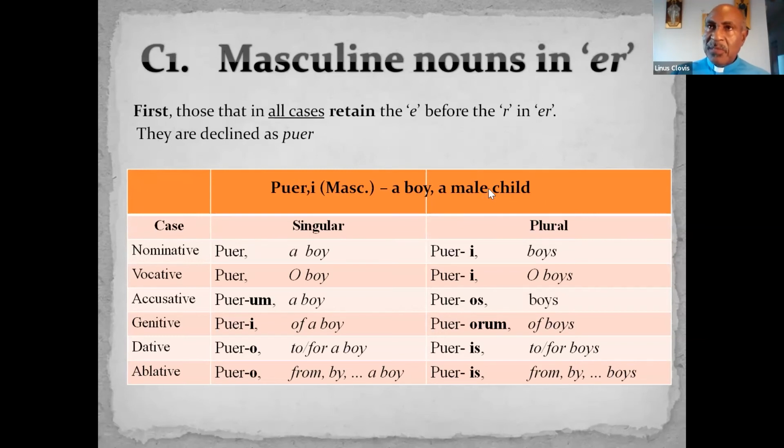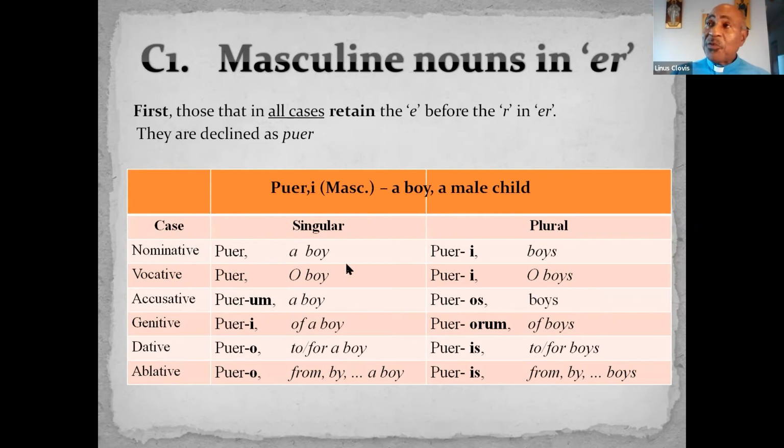After that becomes adolescence, from which we get adolescence, right? So we have puer. If someone calls you puerile, they're saying that you're childish, boyish. Okay. So how does puer pan out when we start to decline it?